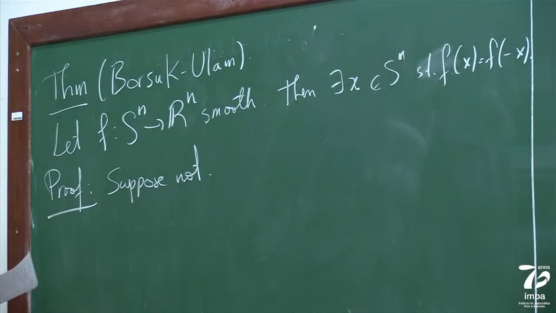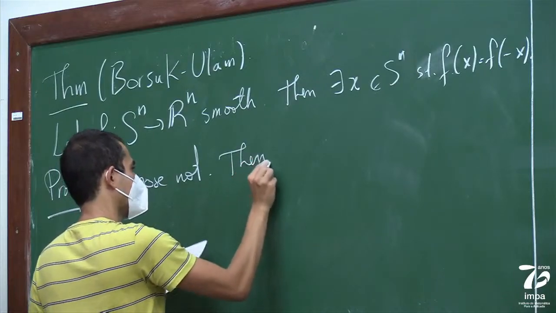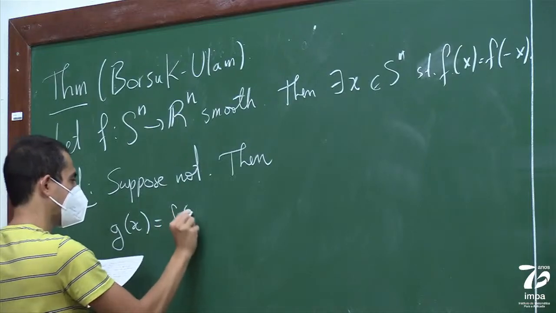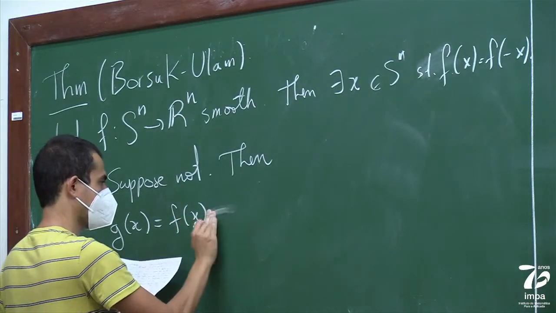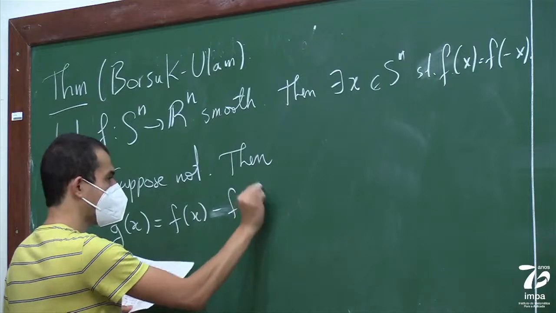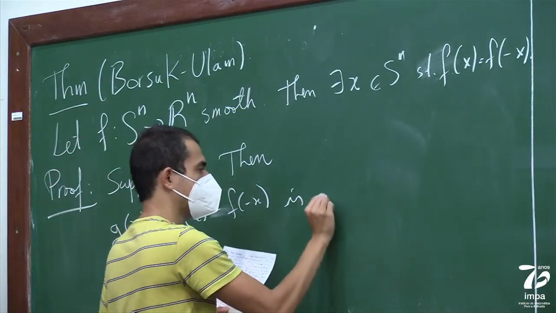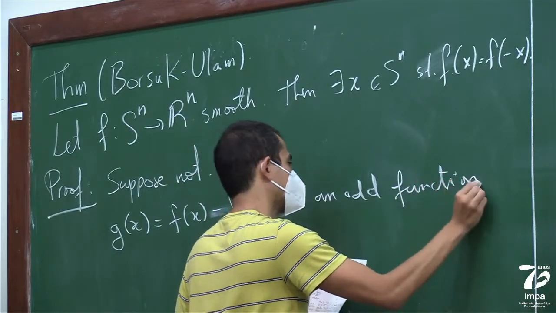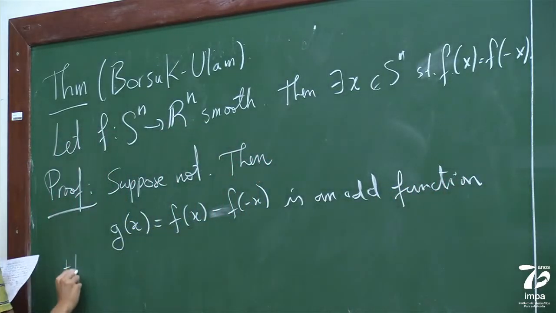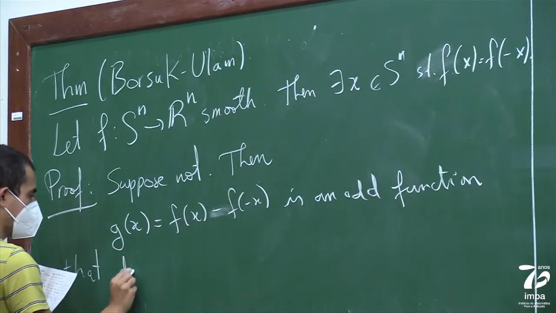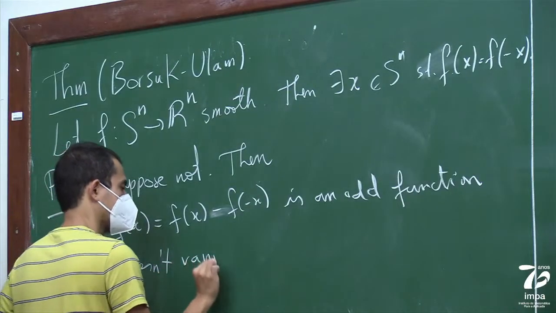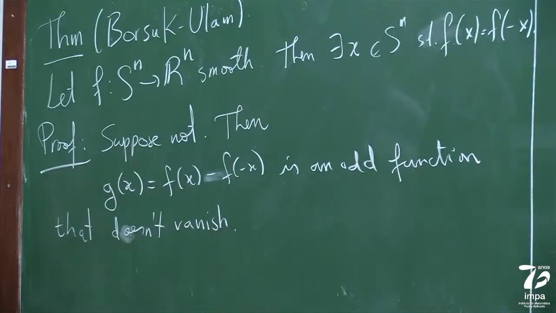If that's not true, then we can define a function g of x to be f of x minus f of minus x. That is an odd function that never vanishes. It's never 0. And we're going to get a contradiction here.